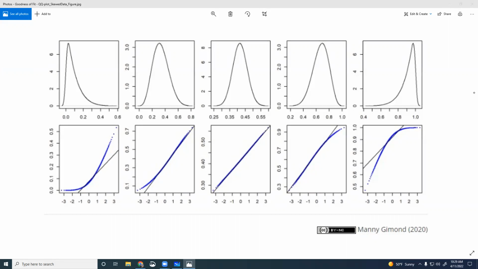And then for negatively skewed, we get this concave downwards type of look. So if we start to see these divergences from the line, we can interpret it in a certain way, like, oh, well, maybe it's a skew distribution. Maybe we need to think about log normal or some other distribution that can fit skewness in it.